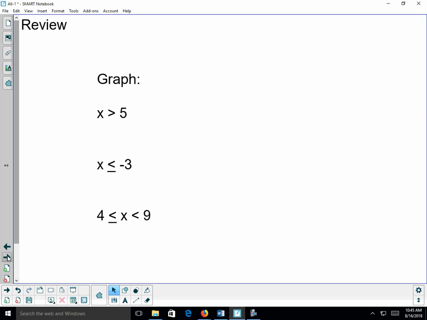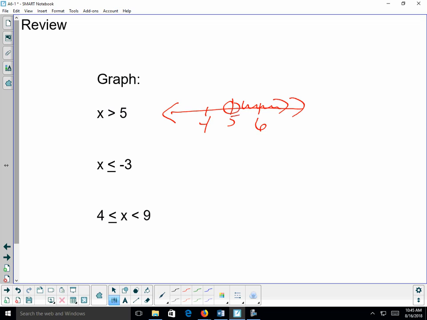All right, just to review, you've done these before. If I have x is greater than 5, and I asked you to graph it, you would graph a number line. What I'm requiring is that you have the number 5, at least one number less than 5, or to the left of 5, and one number to the right of 5. Since it's just greater than, I have an open circle at 5, and I'm going to shade all the points to the right.